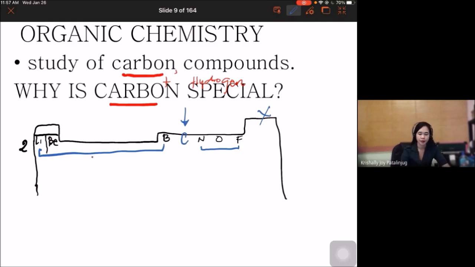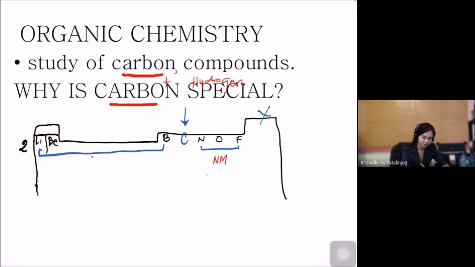Before we proceed to carbon, let me ask you: for non-metals, during chemical combination, do they lose or gain electrons to become stable?